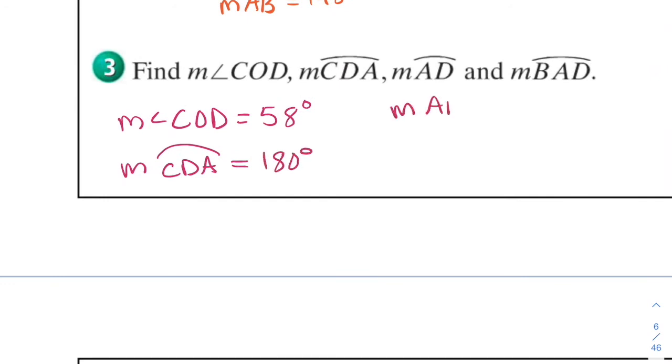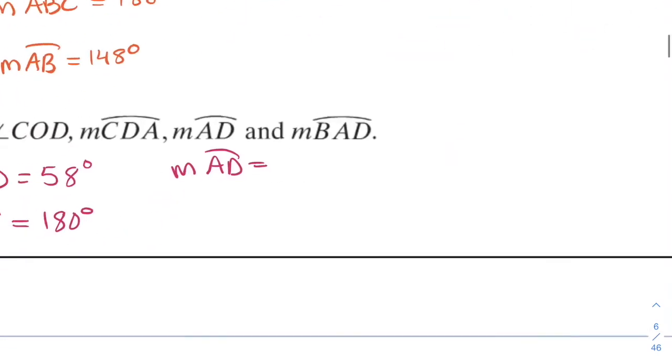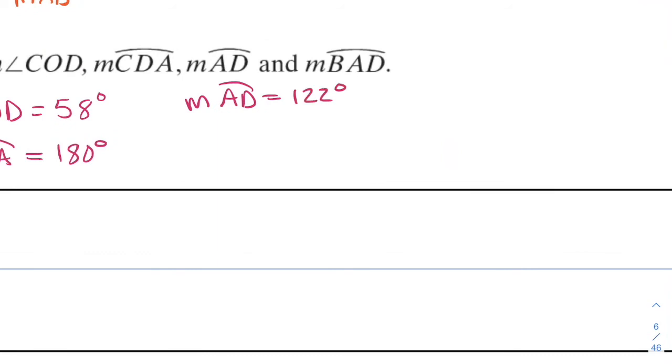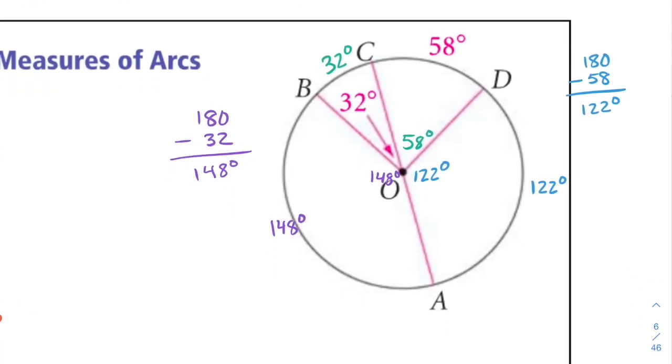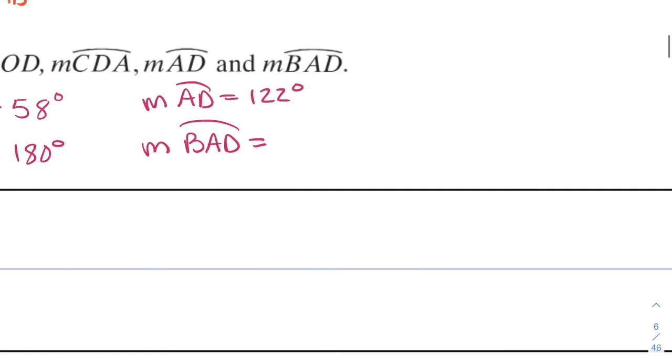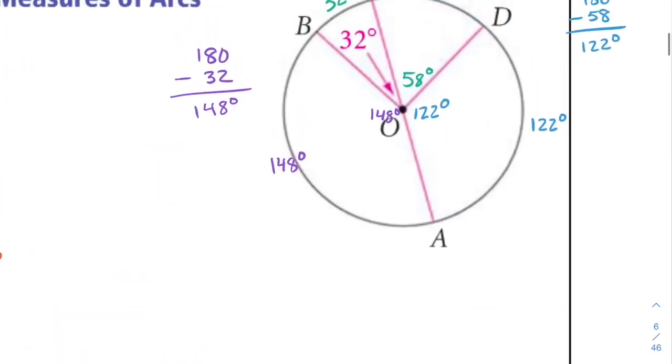Measure of arc AD is 122. And measure of arc BAD, not too bad, is 148 plus 122. So that measure of BAD is 290, I believe, if I did that right.